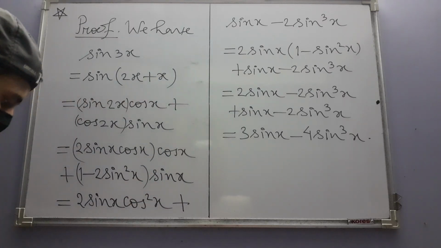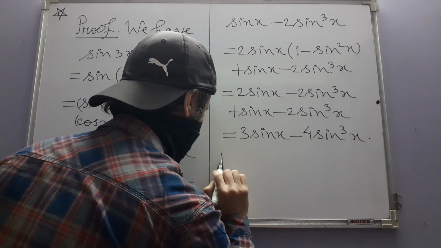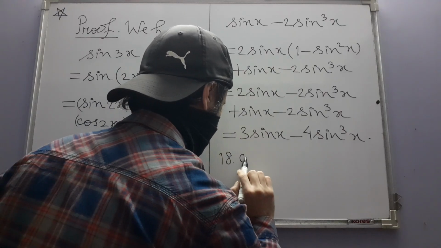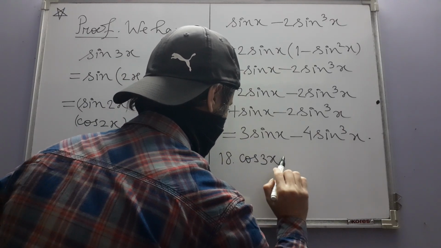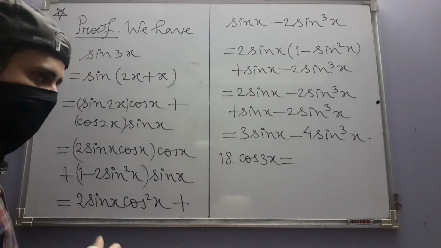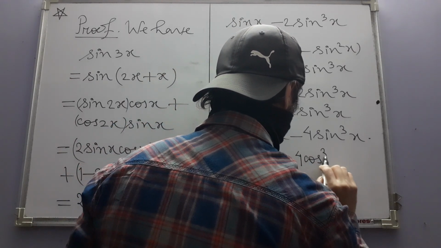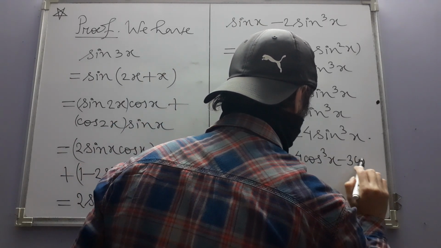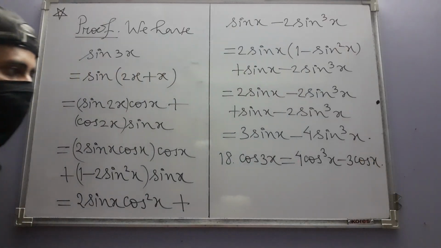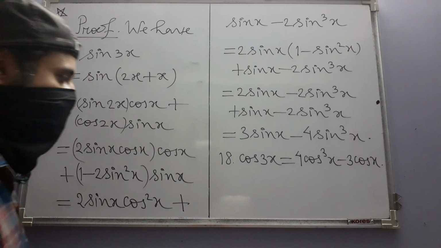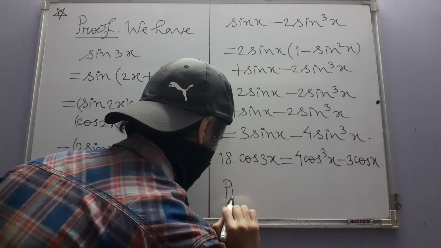Next, a similar one for cos. For cos, however, the cube comes first. 4 cos cube x minus 3 cos x. So let's see this one as well. Proof.